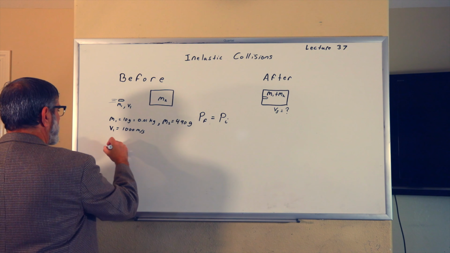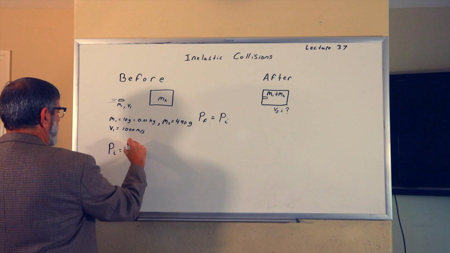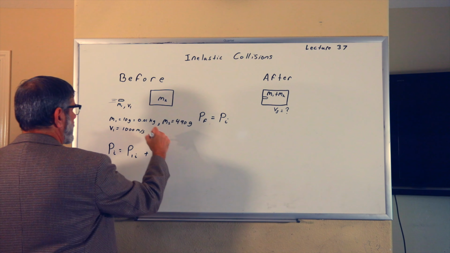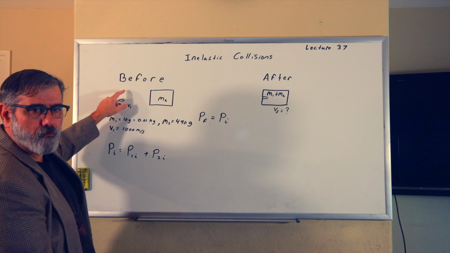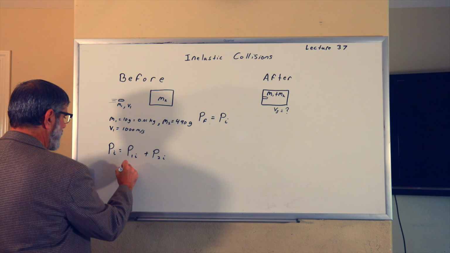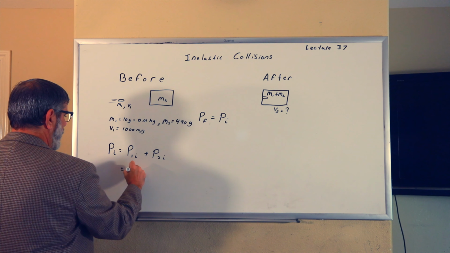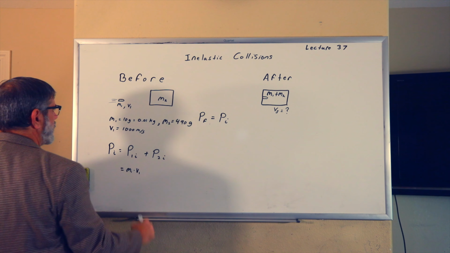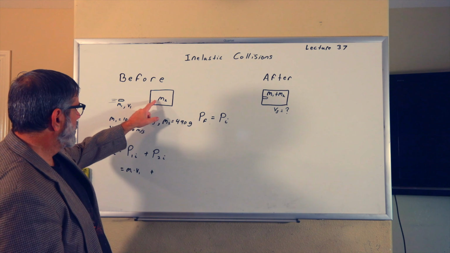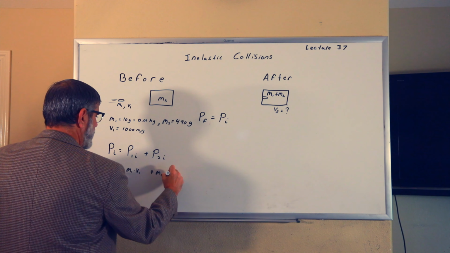So initially, P initial will equal P1 initial plus P2 initial, the momentum of the bullet plus the momentum of the wooden block. The momentum of the bullet is the mass of the bullet, m1, times v1, the velocity of the bullet. And the momentum of body 2 is the mass m2 times the velocity v2.